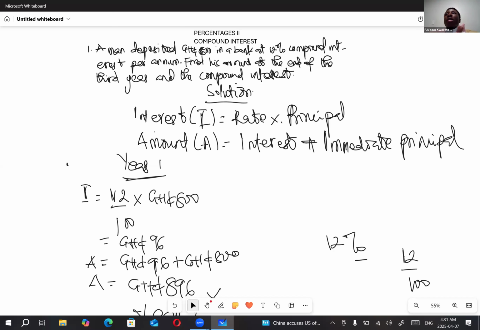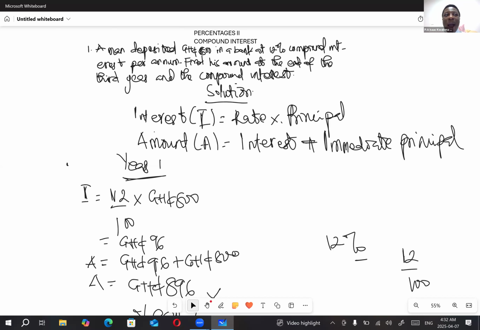The bank's agreement with him is stated in the question: we'll give you an interest of 12% per year. Compound interest, they were specific. If they are not specific, if in a question they just state 12% interest per annum, take it as simple interest.